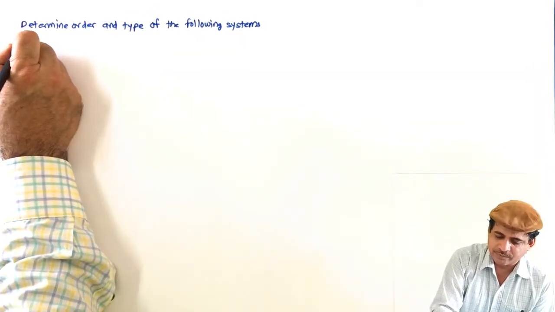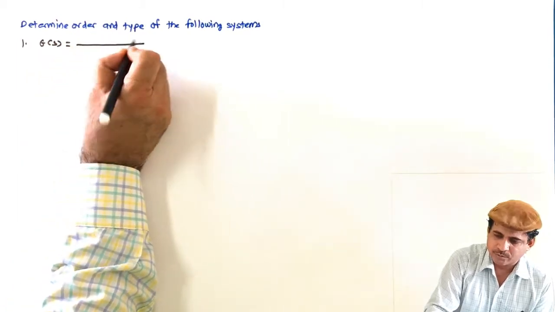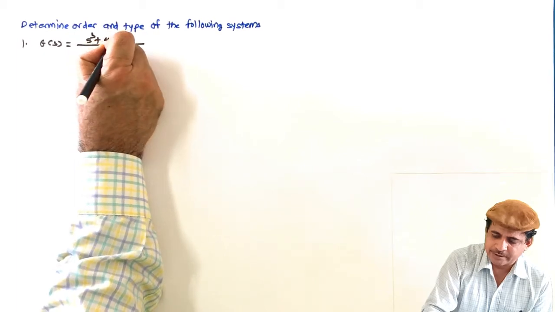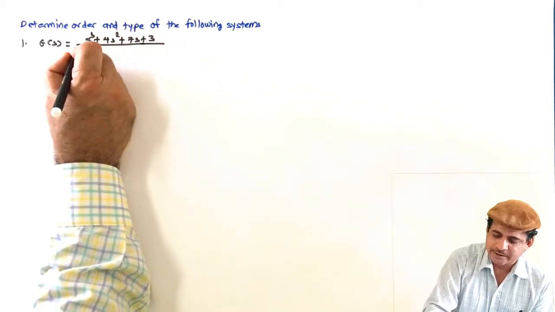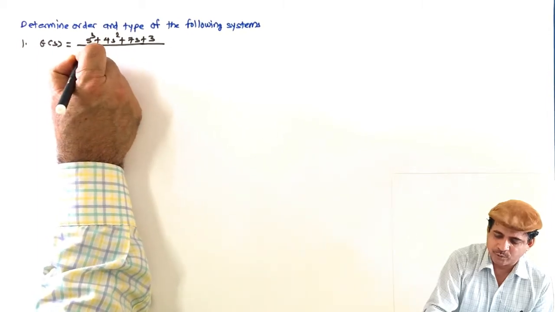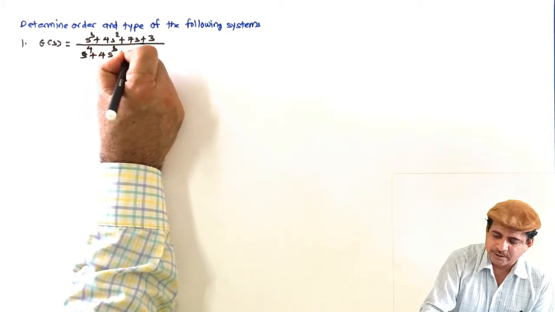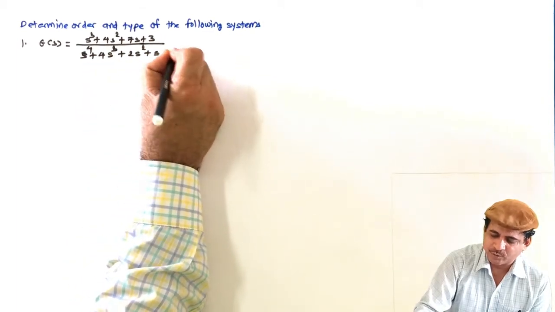We will consider the first one, G of s equals s cube plus 4s square plus 7s plus 3 divided by s raised to 4 plus 4s cube plus 2s square plus 5s plus 4.